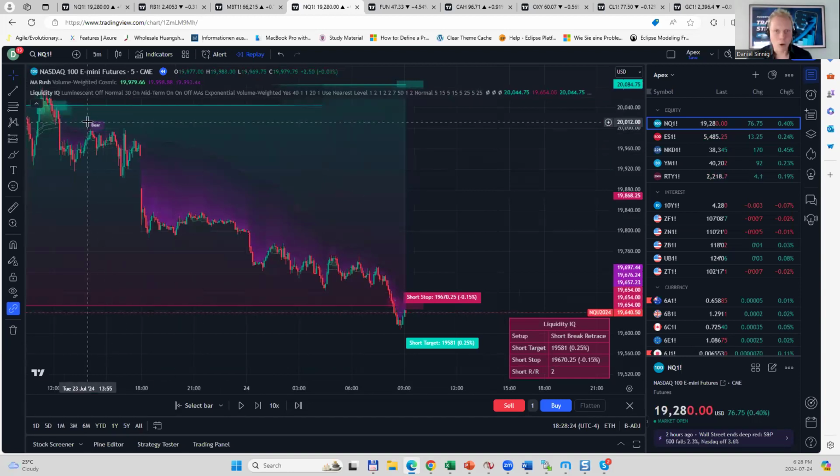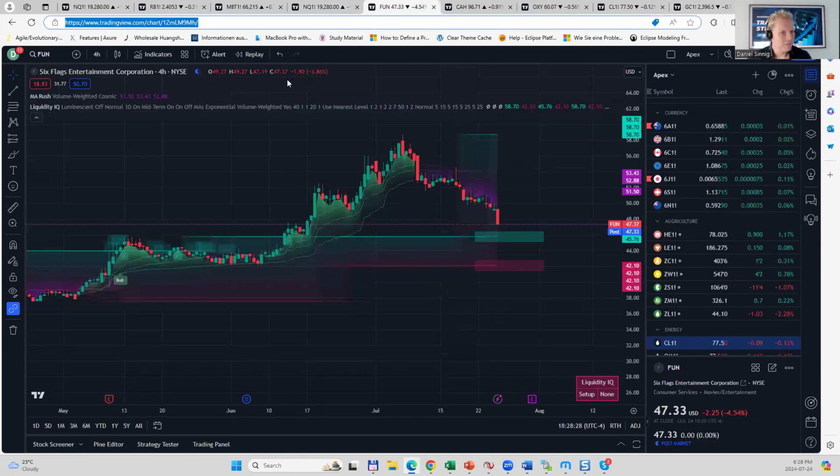All right. So now let's change it up. Let's go to Six Flags Entertainment. And I also am changing time frames here. This is the 4-hour time frame. And one thing I wanted to point out, and I actually forgot to mention this previously, one of the key features of Liquidity IQ is I call this the pretend mode.